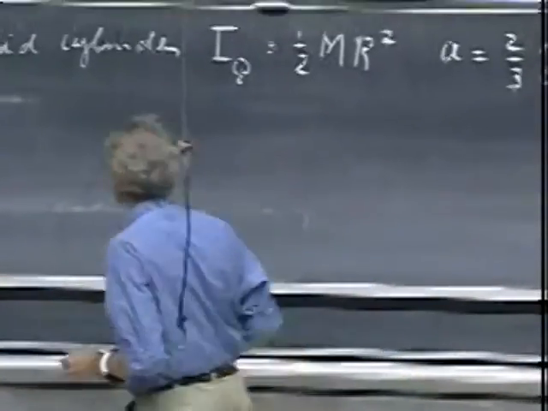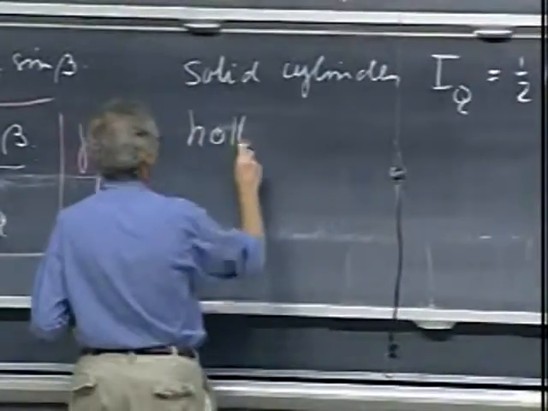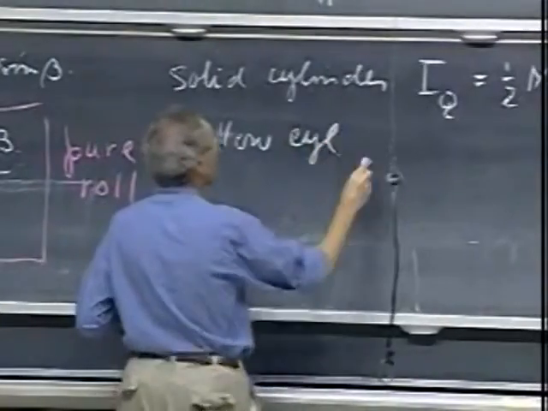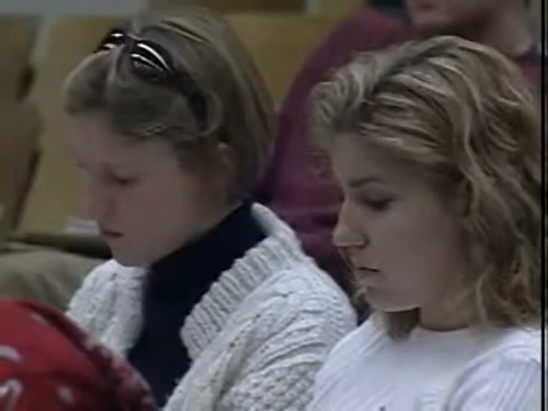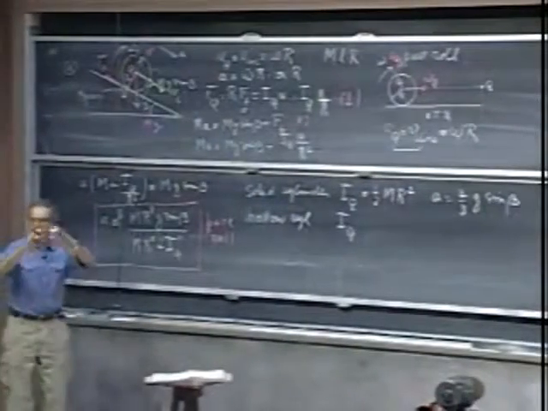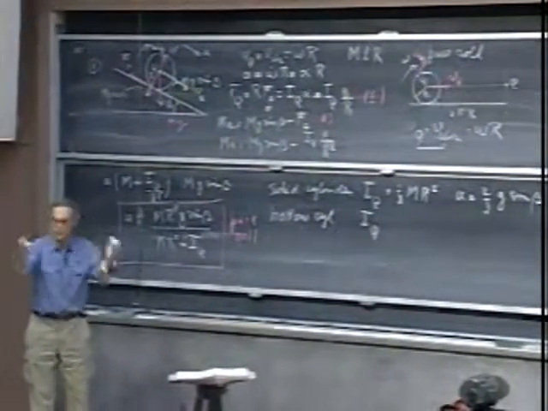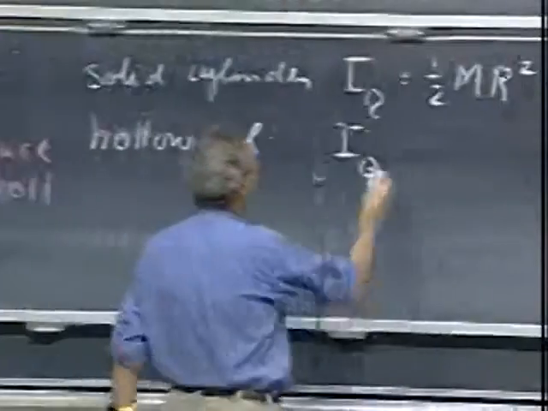But even more amazing is that even the mass you can change. You can change anything as long as the two cylinders are solid. That's what matters. So if we take a hollow cylinder, then the moment of inertia about this axis through the center of mass, through Q, if really most of the mass is at the surface, is very close to mr squared.